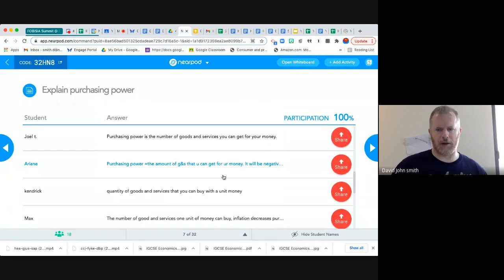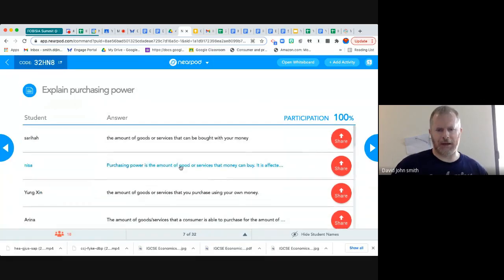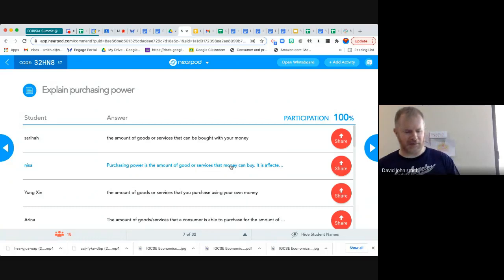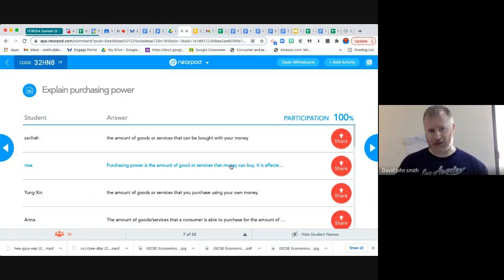Okay, all right, well done, team. Now, purchasing power, as we're going to see, is going to be a bit of a theme with inflation, because it is affected by inflation. When we start talking about the effects of inflation, purchasing power is going to be a big one. Inflation is one of those, like market failures, where the more we consumed, the bigger the problem became.